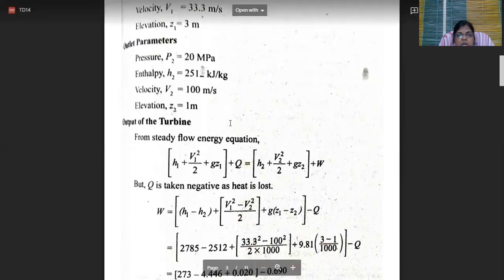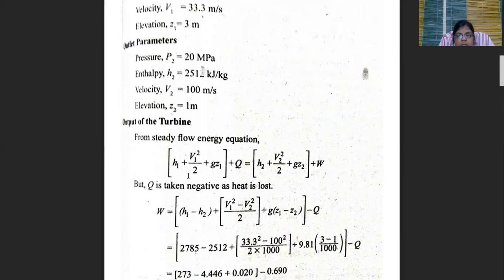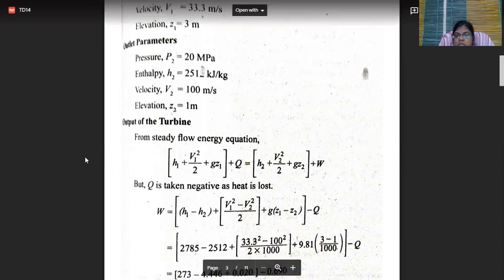The steady flow energy equation: H1 plus V1 square by 2, that is kinetic energy, plus g into Z1, potential energy, plus Q, heat, is equal to H2 plus V2 square by 2 plus g Z2 plus W. This is the steady flow energy equation.